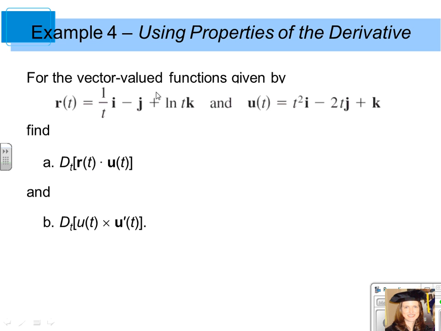You can do this a couple of ways. You can find the dot product of r and u, and then take the derivative of the result. For part B, we can find the cross product of u with u prime, and then take the derivative of the result. Or we can use one of the properties that are listed in the previous slide.